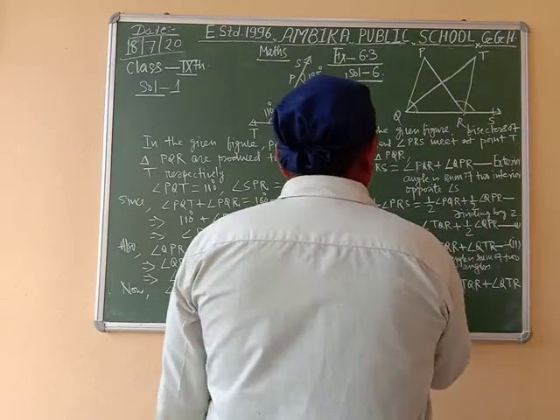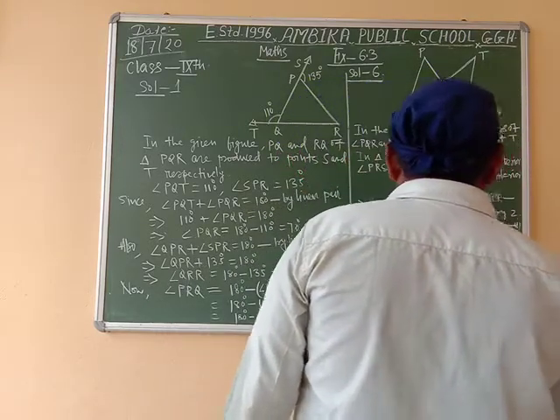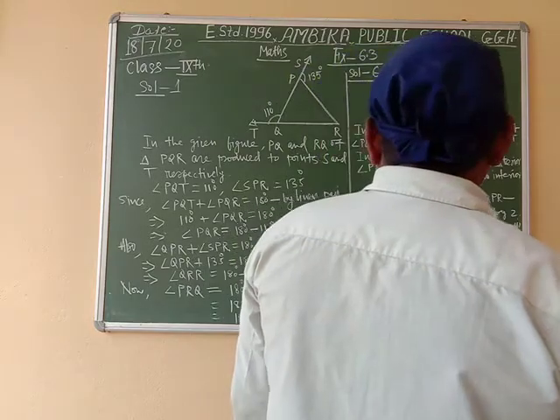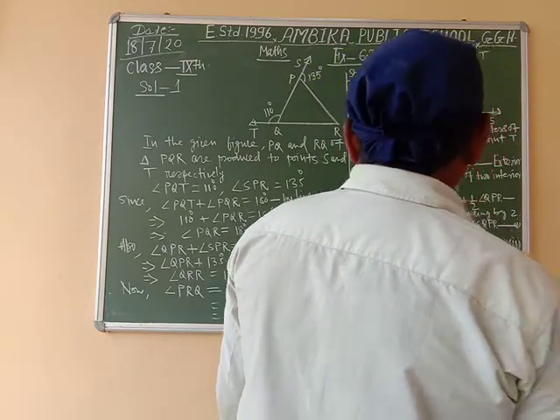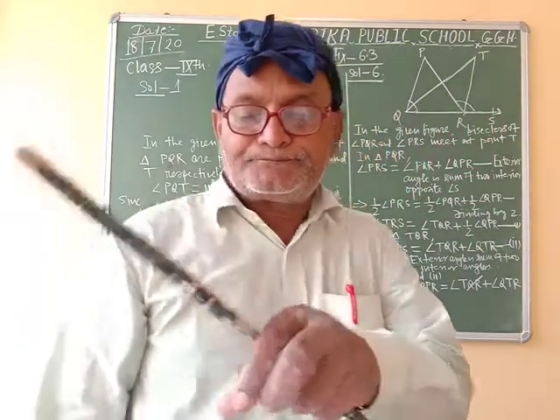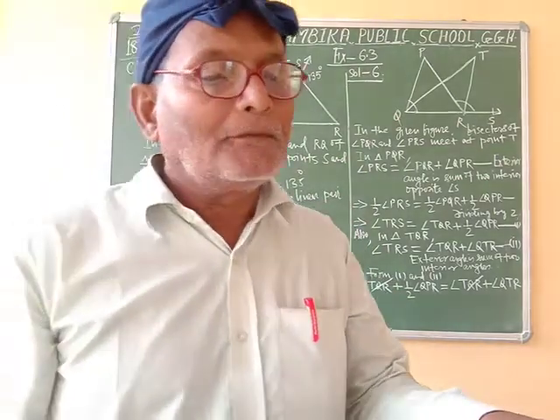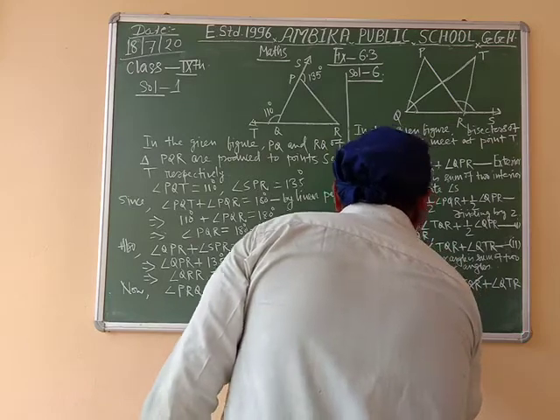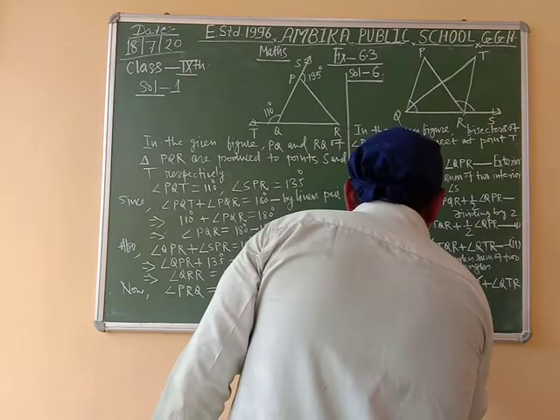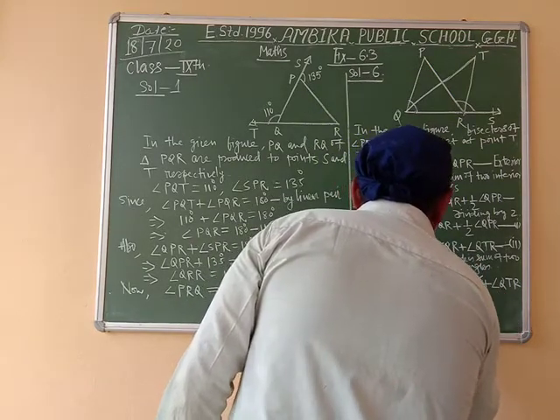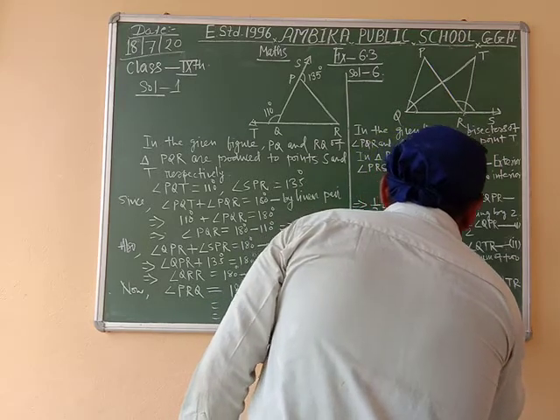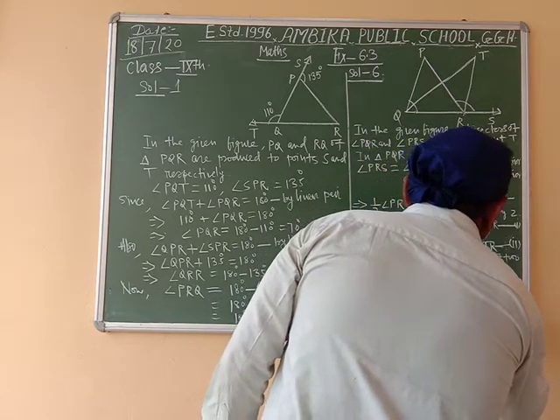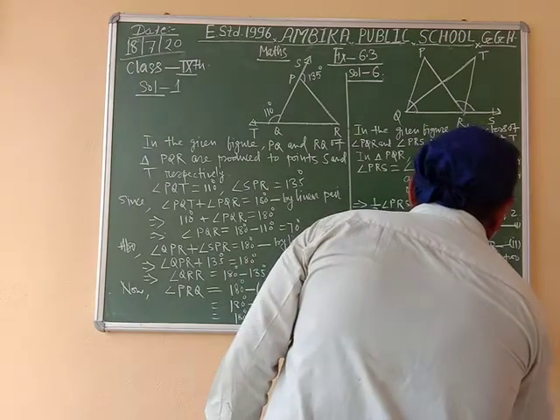Here TQR cancels, so angle QTR is equal to 1/2 angle QPR. Proved.